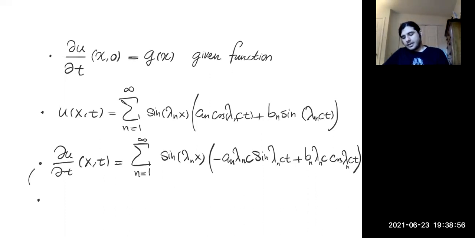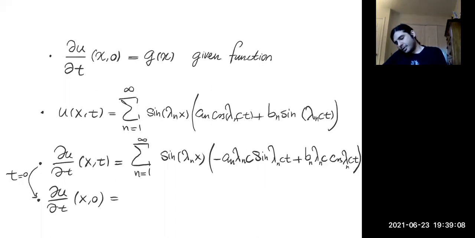Now let t be equal to 0. We would have the derivative of u with respect to t at time t equal to 0. What is it going to be? Well, if t is 0, the sine term would also be 0. If t is equal to 0, cosine of 0 would be equal to 1.